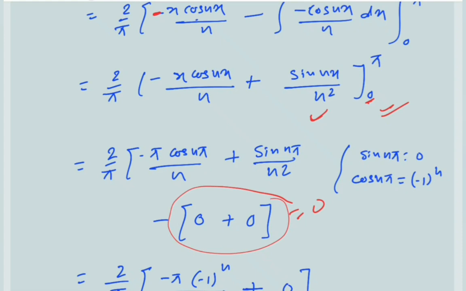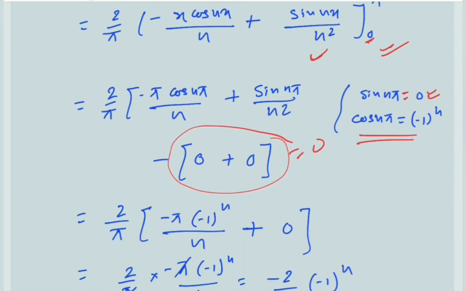So if you put the limit here, we see the sin n pi value is 0. That is also a basic concept: sin n pi is equal to 0 and cos n pi is minus 1 raised to n. So this is the reduced expression for cos n pi.